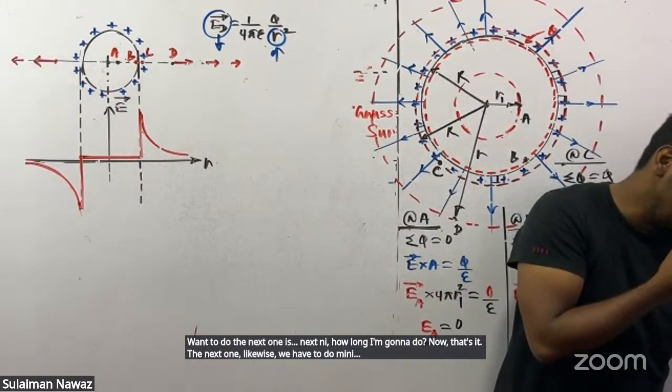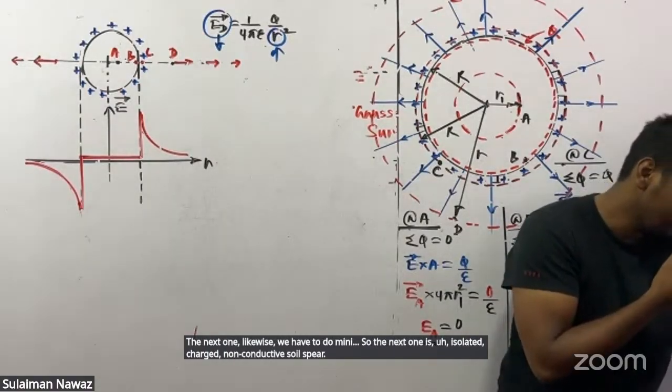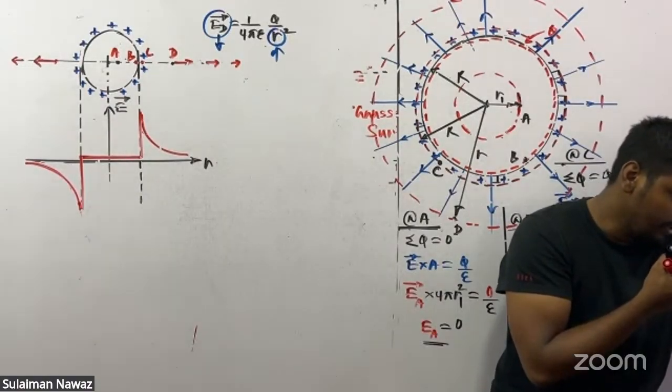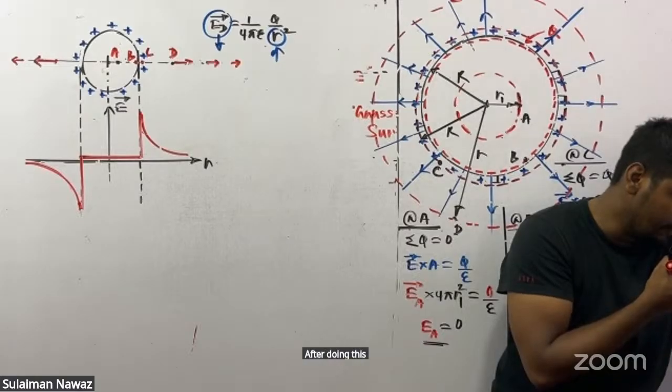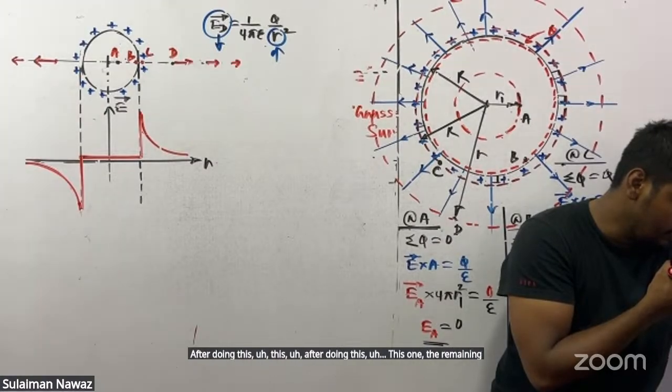So the next one is the isolated charged non-conductive solid sphere. After doing this, the remaining are not that serious.